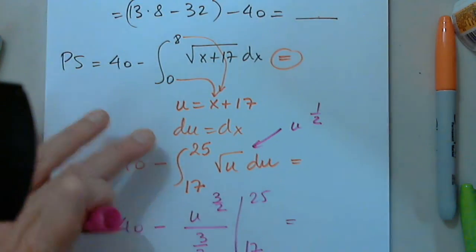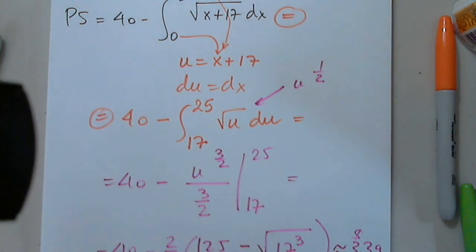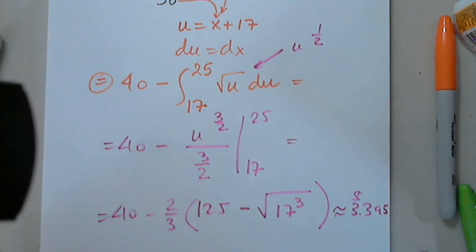Okay, so when I click enter, I should get 3.39 unless I have an error somewhere. So 3.395 actually, so it's 3.4. Okay, so you can do that. That's helpful, and that's it.